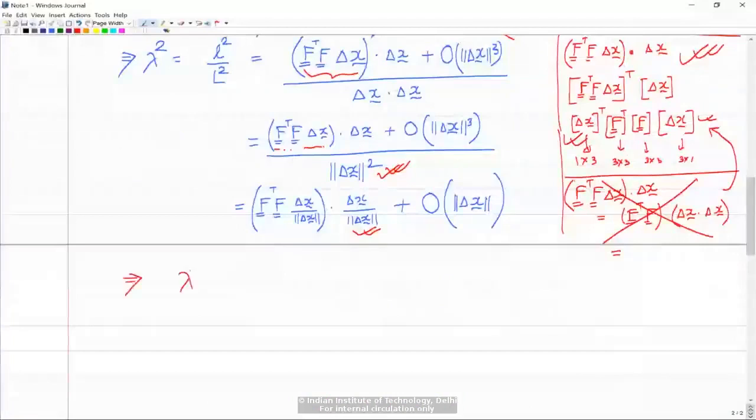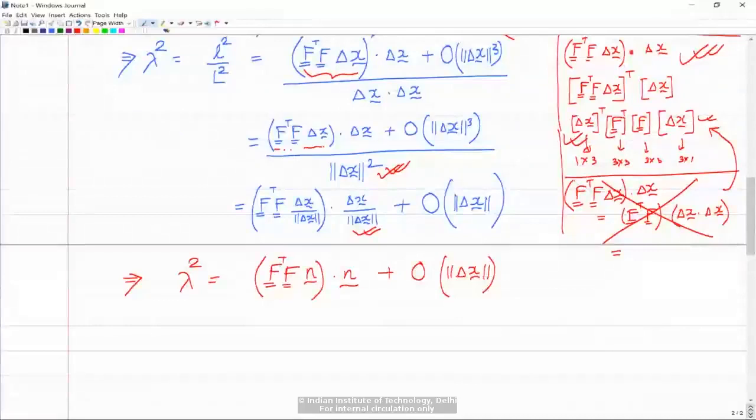So what we have finally is that the stretch square is F transpose F into N dot with N plus big O delta X. So what is this formula telling us?